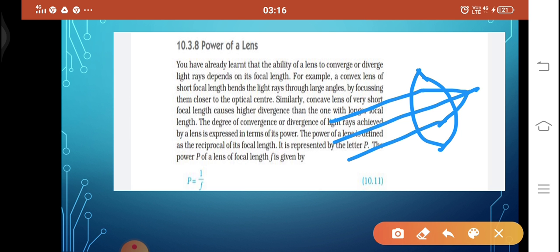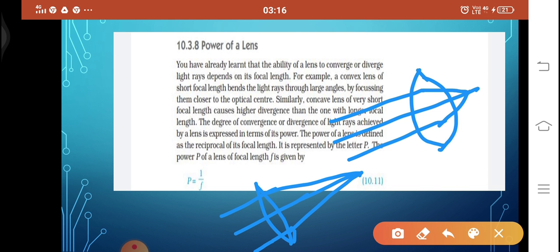And if the lens is thin, the ray will bend, but it will get focused at a long distance. This is for convex lens.